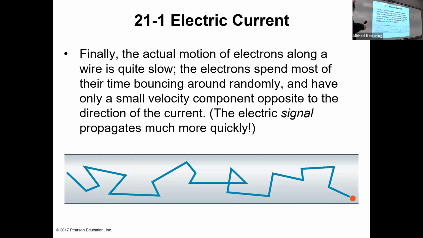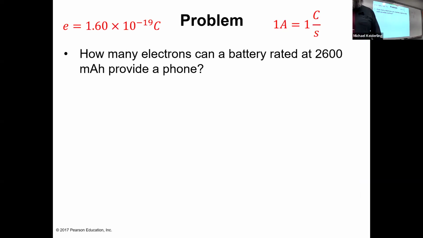So current is the rate of electrons moving, but there's a lot of electrons, so they don't necessarily have to move very fast. Here, batteries are rated in milliamp hours. If you have a cell phone battery that's rated at 2600 milliamp hours, how many electrons can that provide a phone?